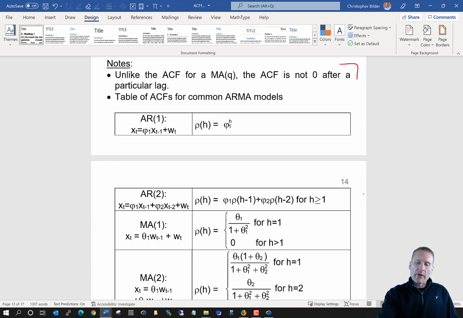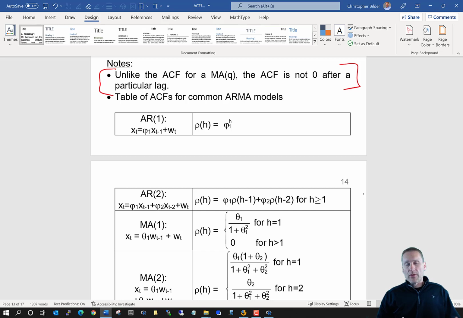So unfortunately, for the autocorrelation function, we don't have this cutting off to 0. So it's going to be very difficult to use the autocorrelation function to figure out the appropriate value for p.